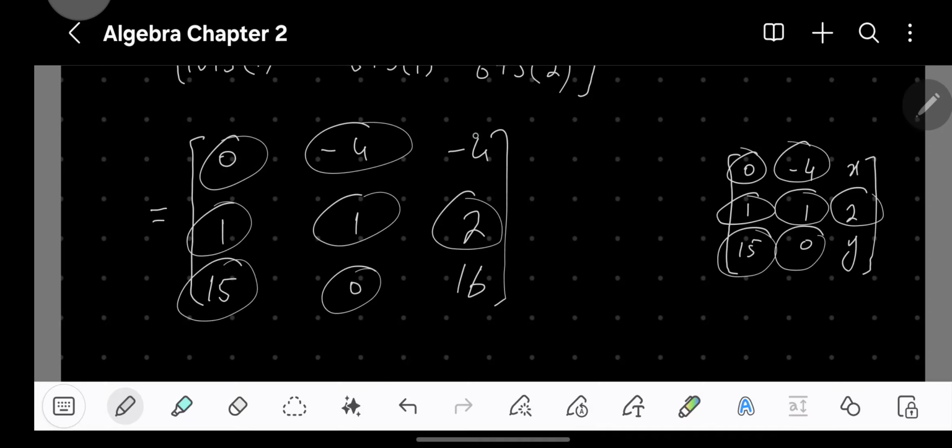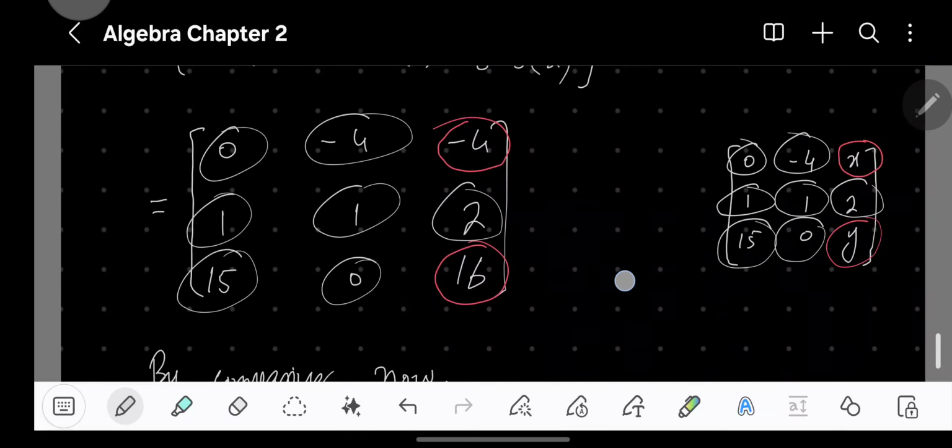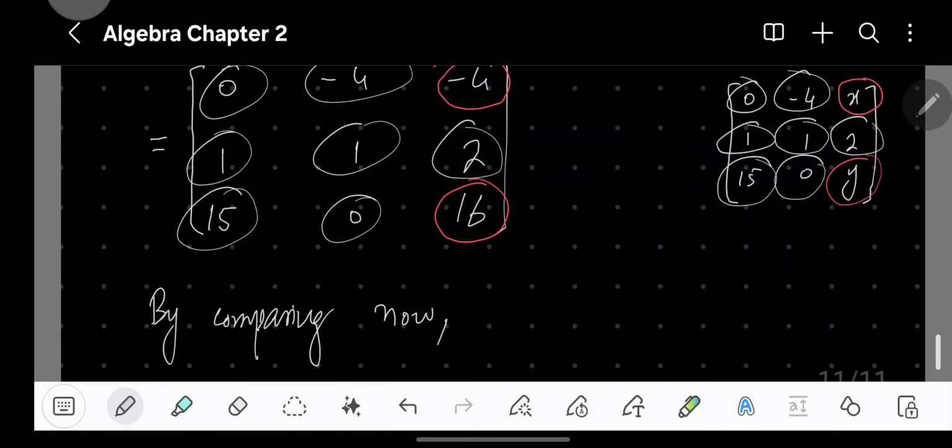The things which are left must be the same. That means negative 4 must be equal to x and 16 must be equal to y. So by comparing these terms, x must be equal to negative 4 and y must be equal to 16. And this is all.